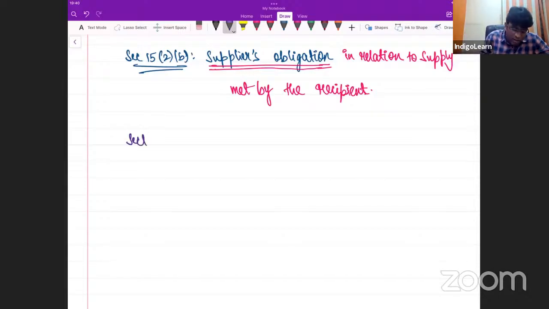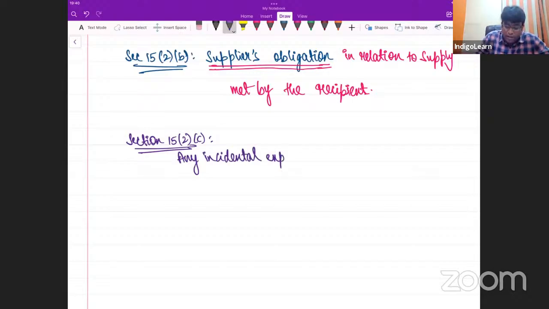Then section 15(2)(c). Any incidental expenses. A practical example of incidental expenses is packing charges, weighing charges, they are called incidental expenses.